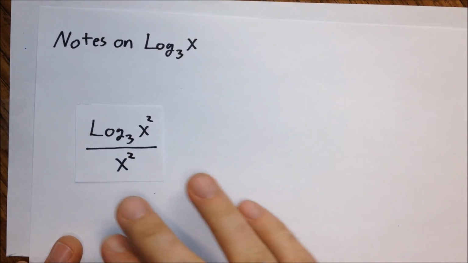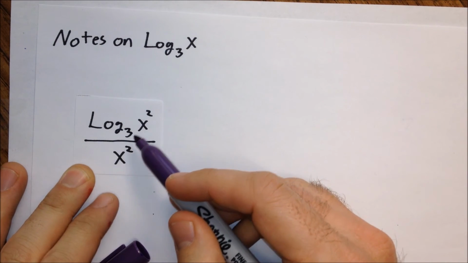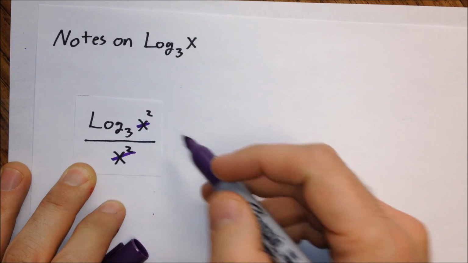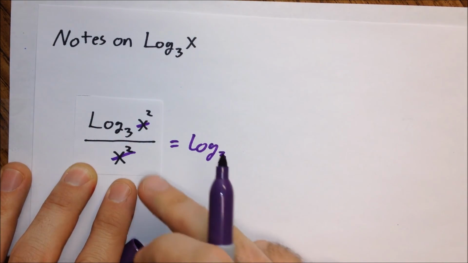We're going to do things like this and ask, can this be simplified? Now there's a real temptation here to try to simplify this problem as follows. To say we have an x squared on top and we have an x squared on bottom, and so these two x squareds should be able to cancel each other, leaving log 3 as my answer.